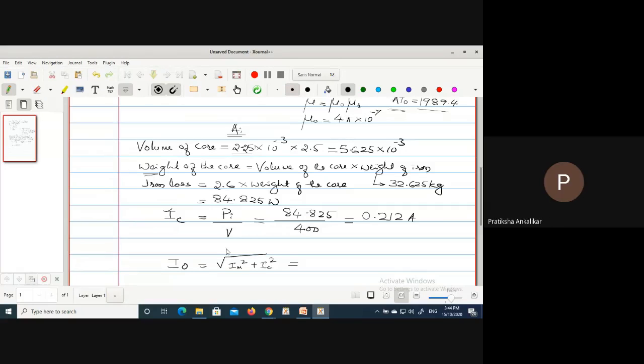See, no load current cannot be so high. How did you get this 40? What was Im that you got? I got 49.73, sir.